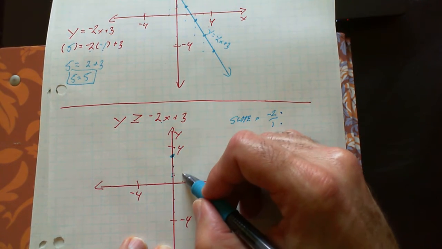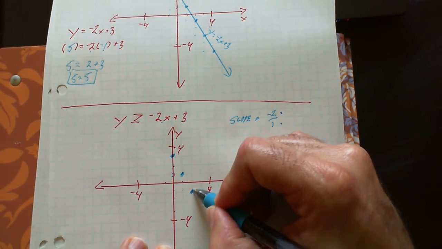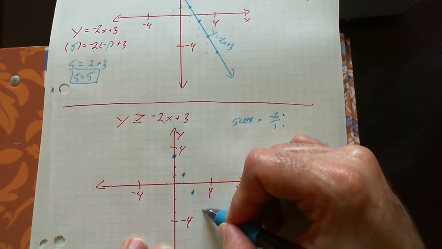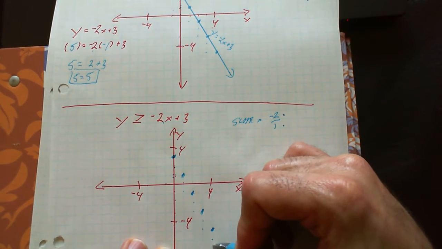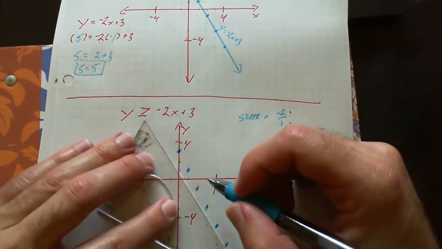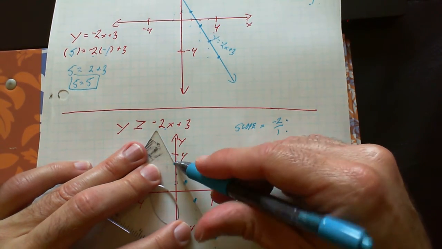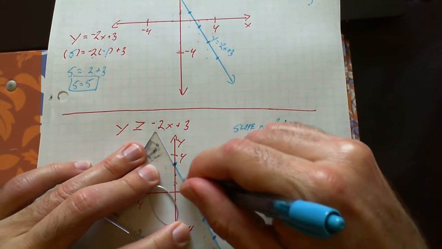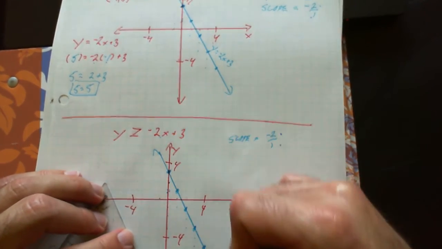Down 2 over 1. Down 2 over 1. How many points do you need to make a line? Only 2. I just like to put a whole bunch, just to make sure, because sometimes I get my straight edge all messed up.